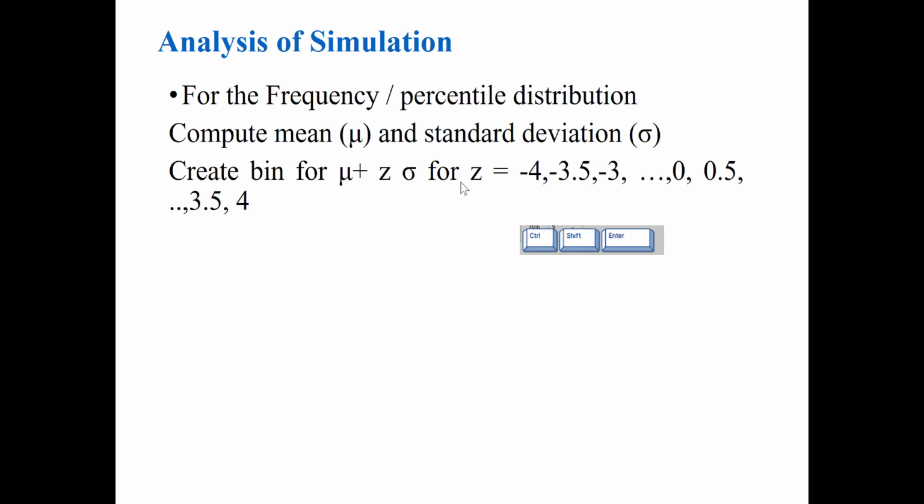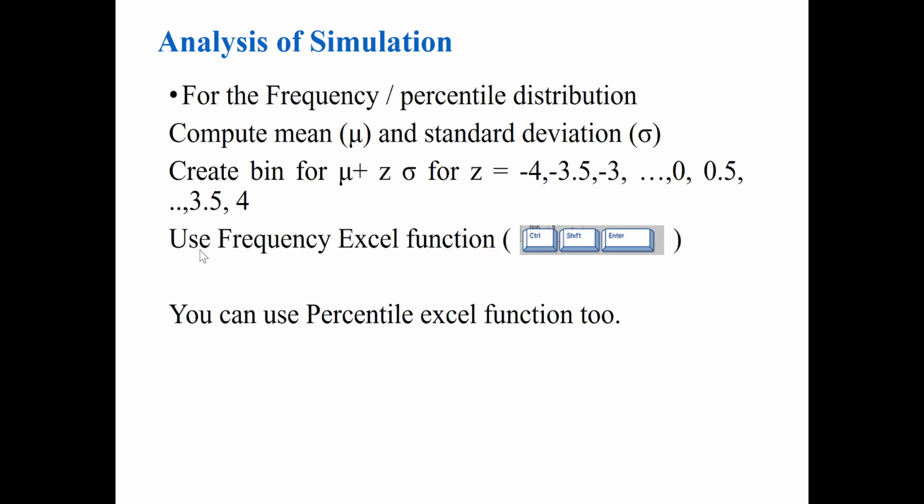For the value of z, put -4 to 4, increased by 0.5, so -4, -3.5, -3, and then you use the FREQUENCY function in Excel and make sure that you press Control Shift Enter all together. So we are going to work on this one in a minute.